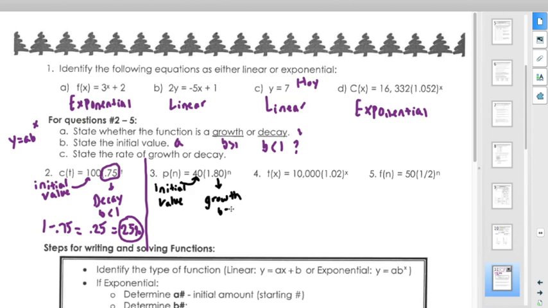Because b is greater than 1. In other words, this is b. 1.80 is b. And b is greater than 1. What is the rate of growth? Well, again, how do I get from 1 to 1.80? I just subtract the two. I do 1.80 minus 1. That gives me 0.8, which as a percent is 80%. So this is an 80% growth rate, which is pretty high.